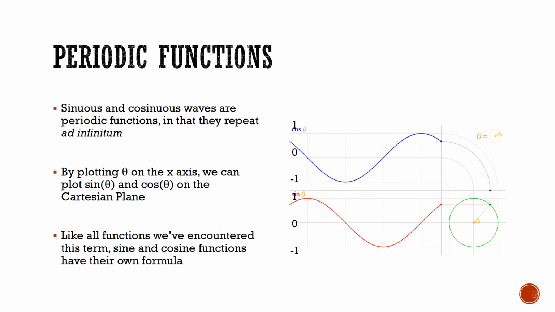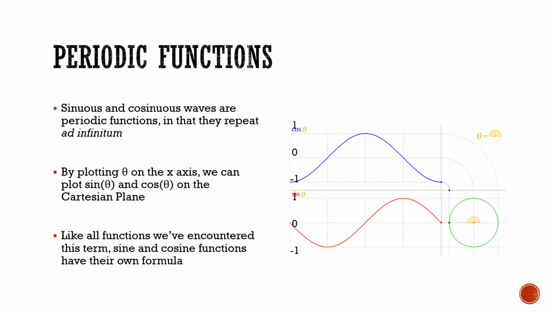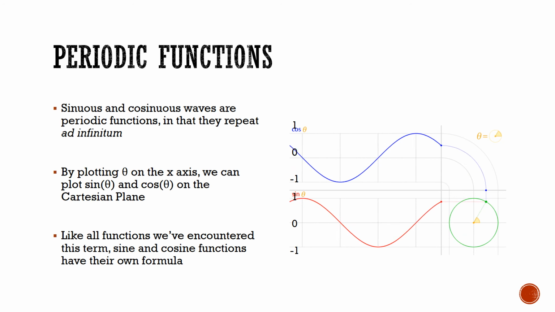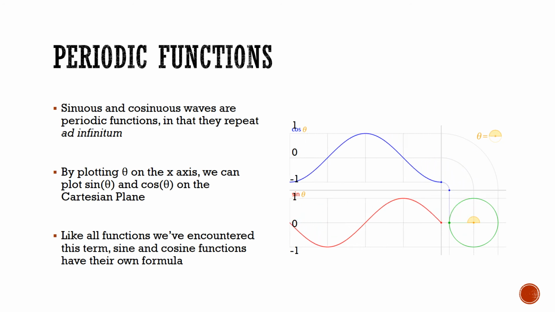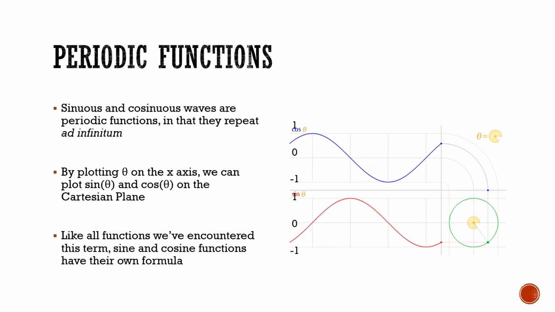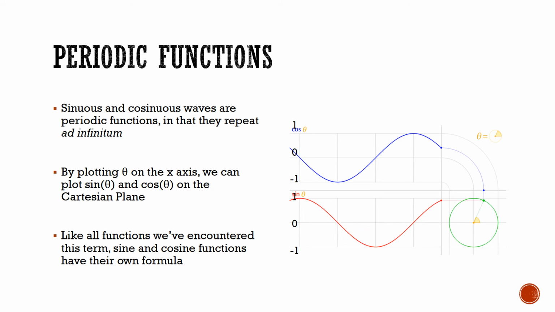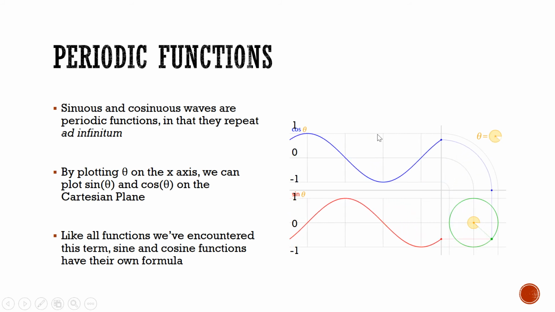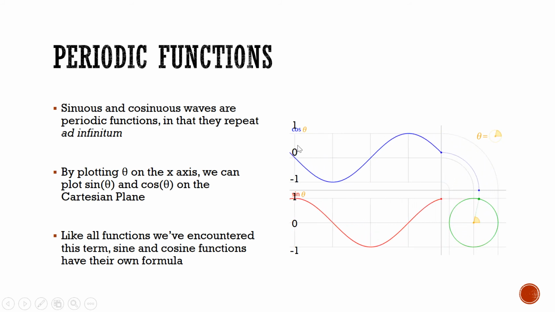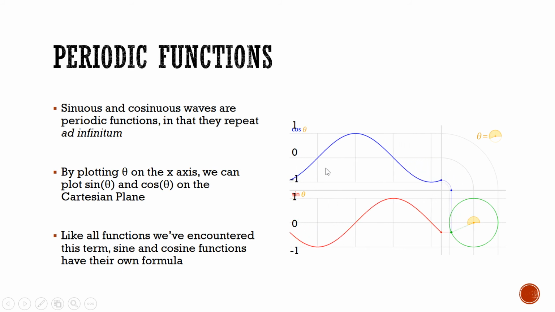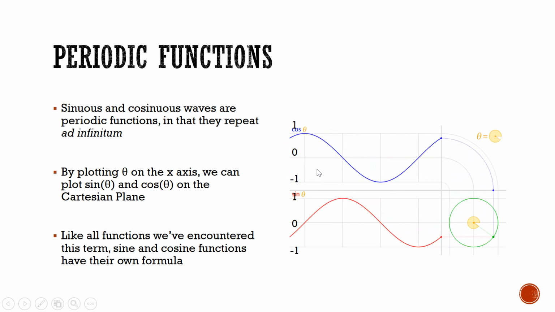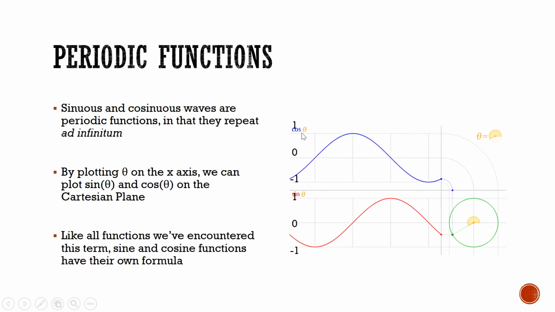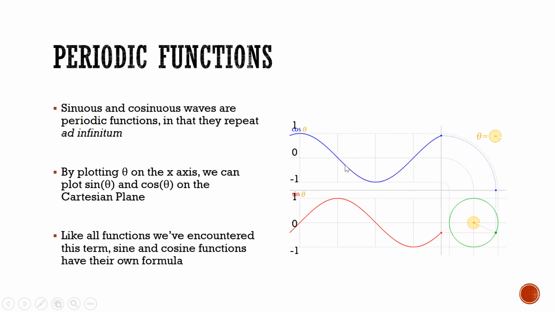And you notice that this is a repeating function. Both of these are repeating functions, and they will go on forever. So what we do is we have theta on the x-axis of our functions here, and for our top function here we have cos theta. Okay, so this is cos theta here.